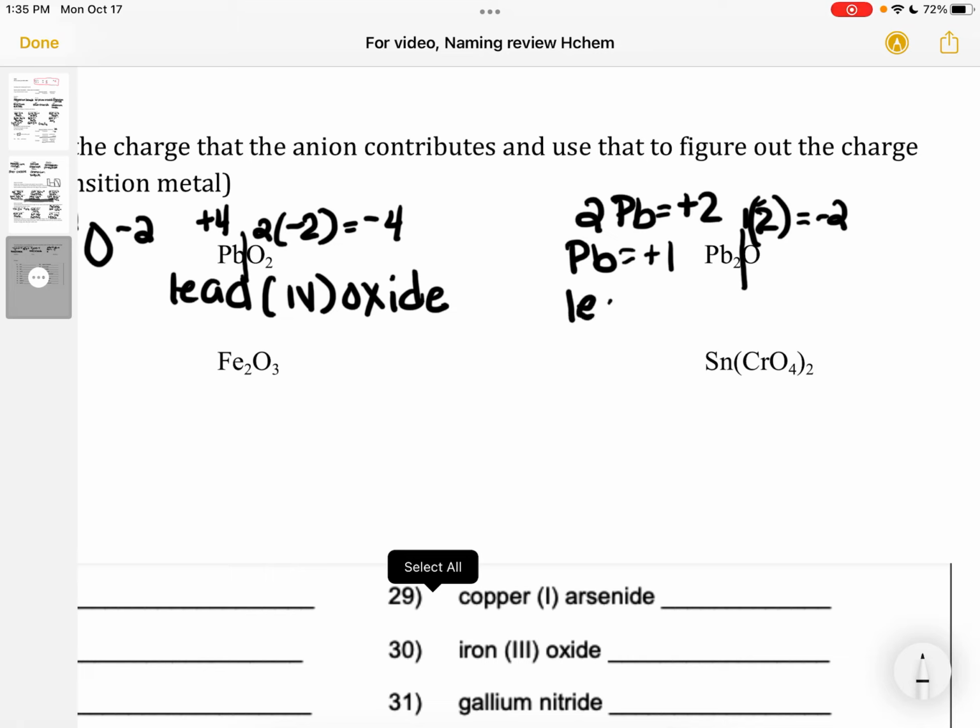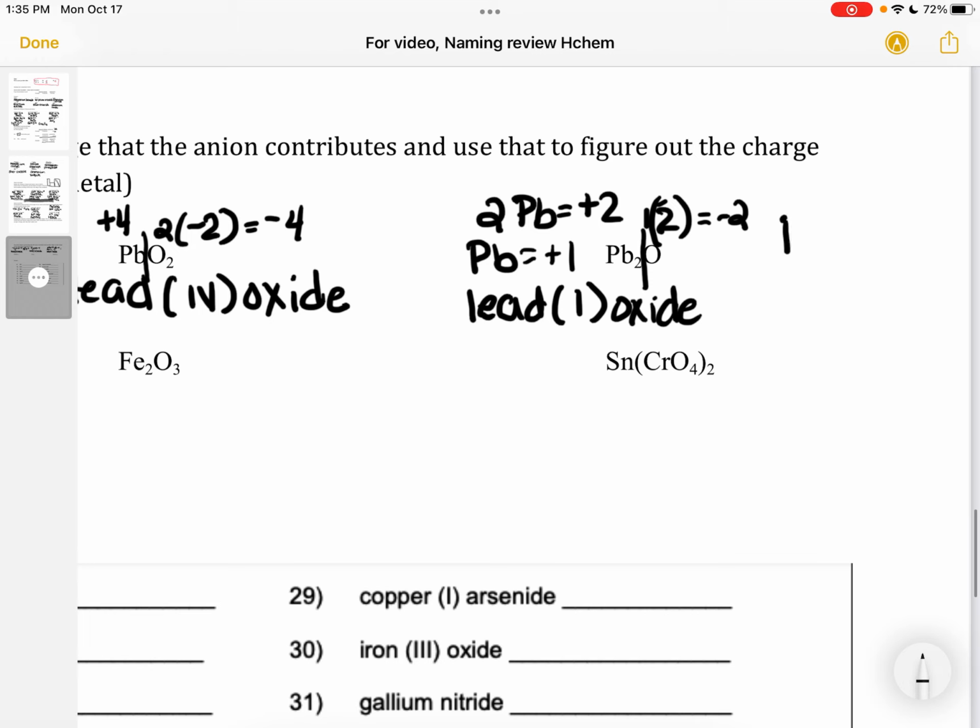So my name here is lead(I) oxide, because I have 2 Pb's, Pb +1, Pb +1, and 1 oxygen, which is a -2. On my cation side, I have a +2 charge, and on my anion side, I have a -2 charge.